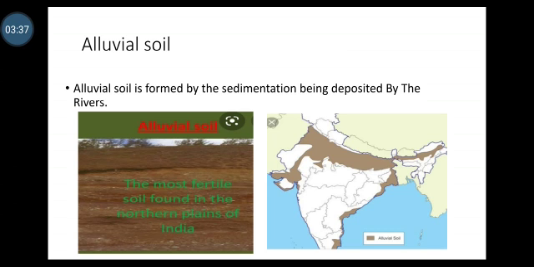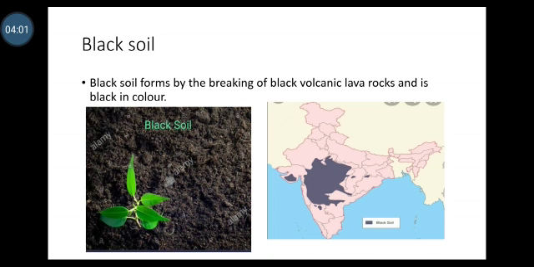In India, most of the northern plains are made of alluvial soil. In India, the old alluvial soil is called Bangar and the new alluvial soil is called Khadar. ये इनका नाम है.